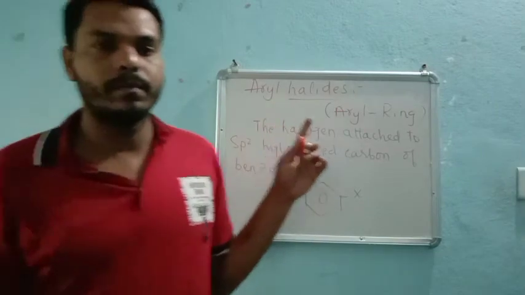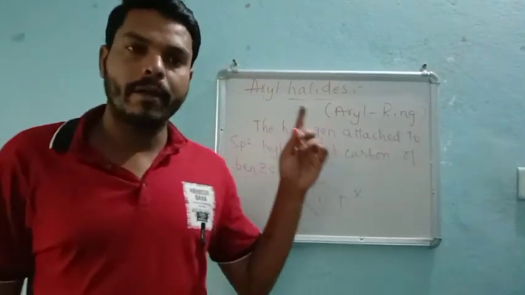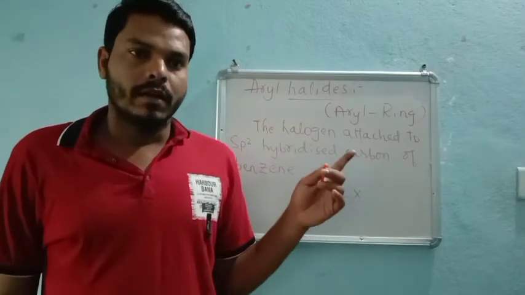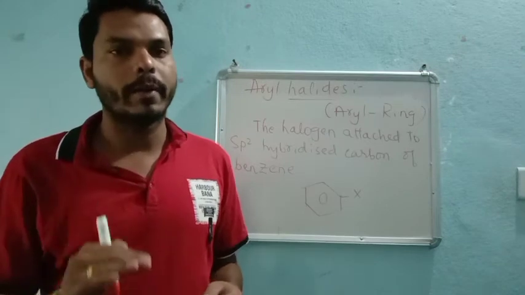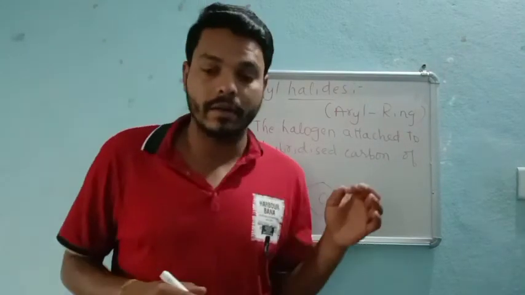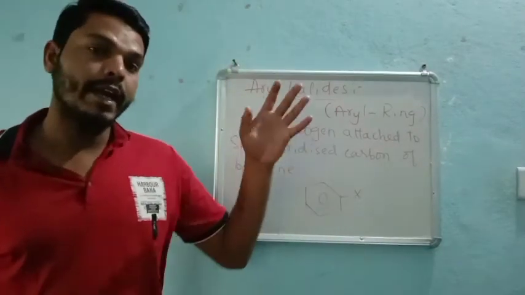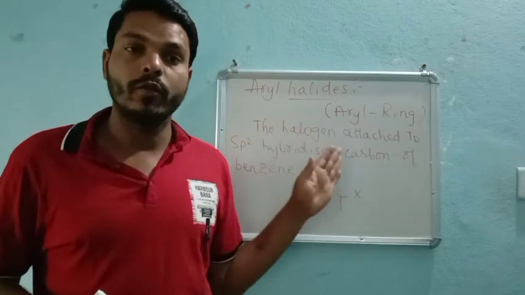So see, the first ones we saw, allylic and benzylic, have a double bond or sp2 hybridization, but in benzylic and allylic, the halogen is not directly attached to the sp2 hybridized carbon.